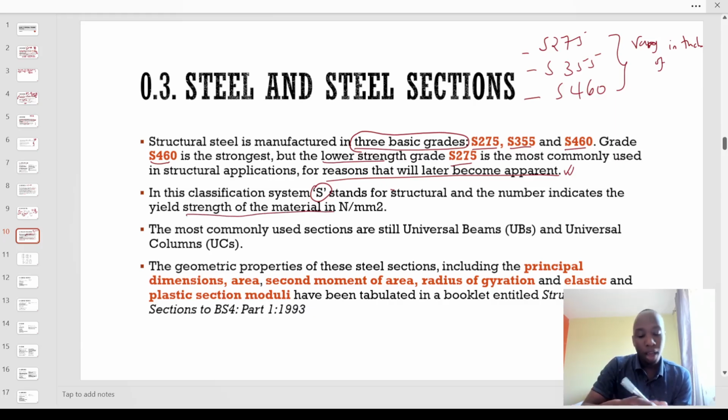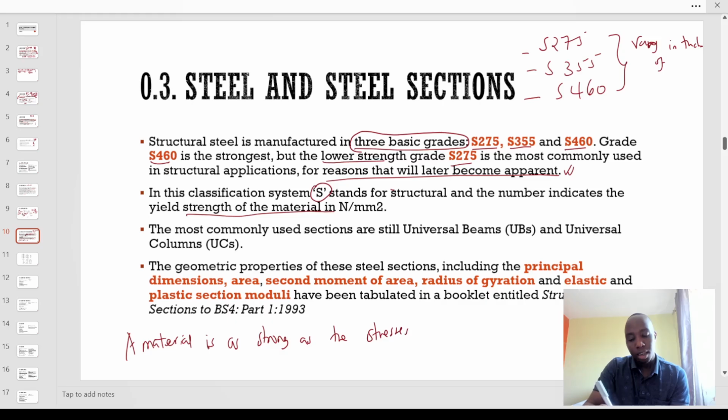And I want to say this now, that a material is as strong as the stresses it can bear. Loads, reactions it can resist, stresses it can bear.